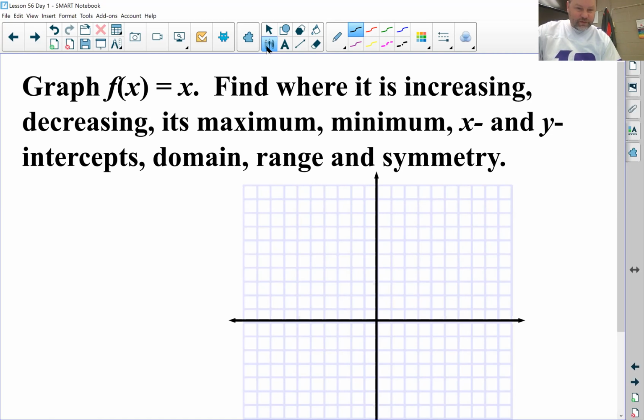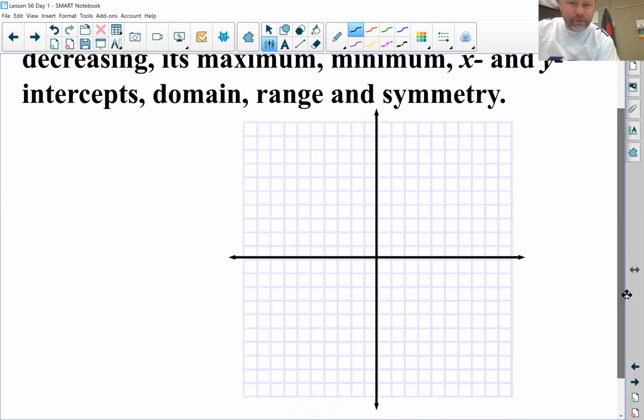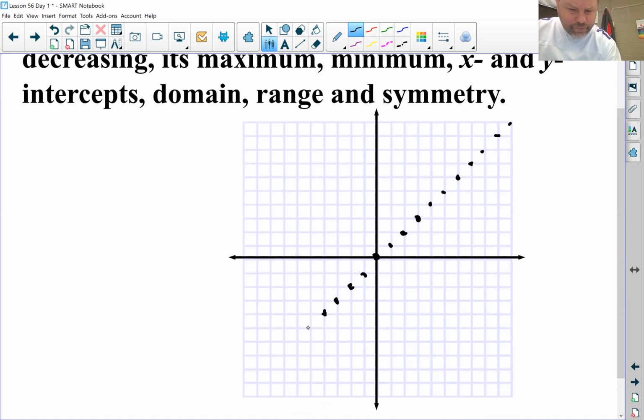But for f of x equals x, we have the intercept is at 0, 0. The slope is 1. So hopefully we can just use the slope and the intercept to draw the graph.